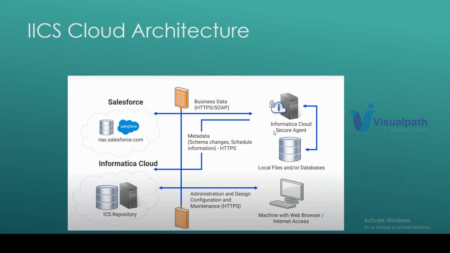The red brick you see here has the direction of Salesforce and your local files and databases. There is multi-directional communication happening around the local files machine with your browser. You need a laptop where you download the free trial version, and you can perform administration and design and all that.